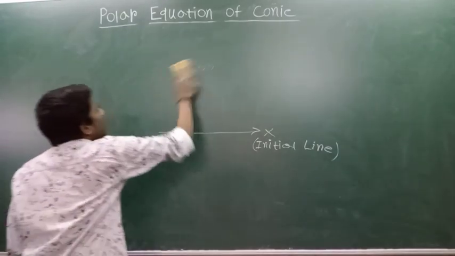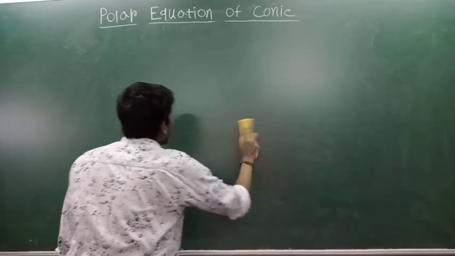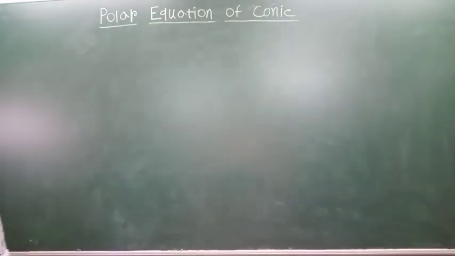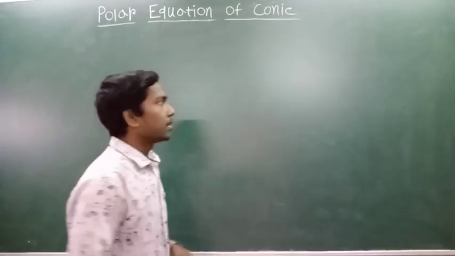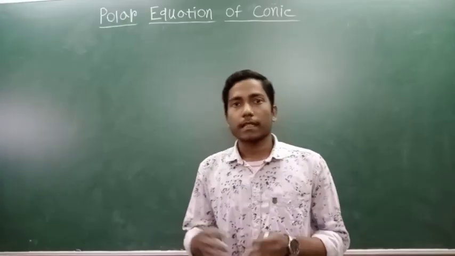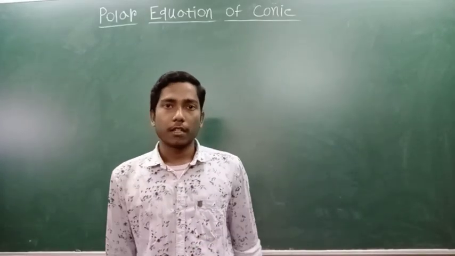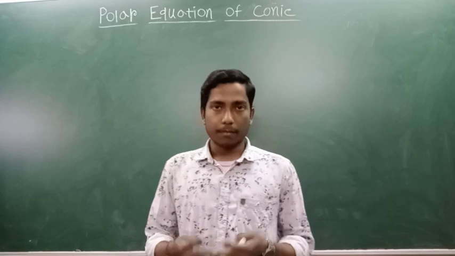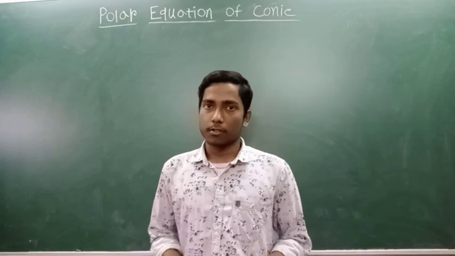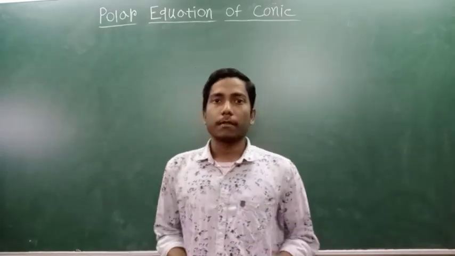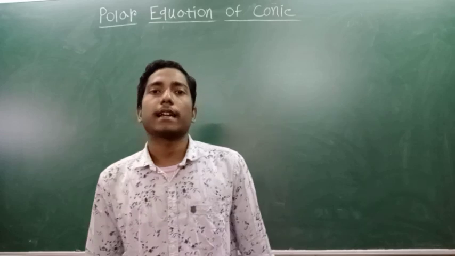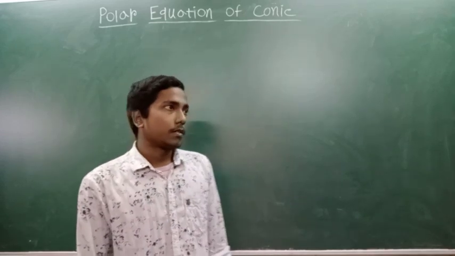Now you all might be aware of conics. A conic is basically the section of a cone by a plane, which generates a conic section. It can be a parabola, an ellipse, or a hyperbola, and you have studied this in the rectangular Cartesian coordinate system.